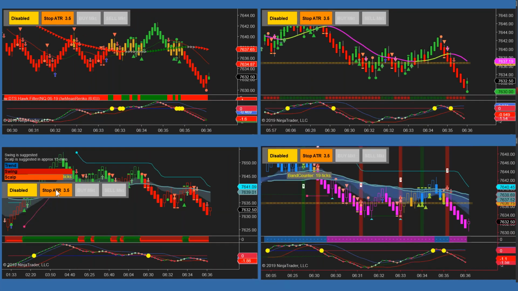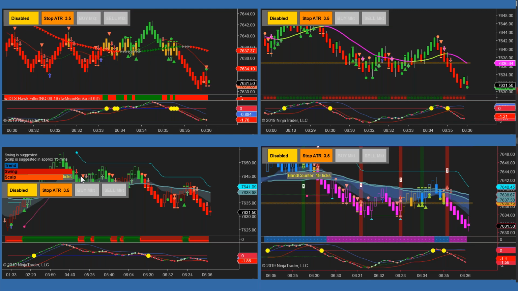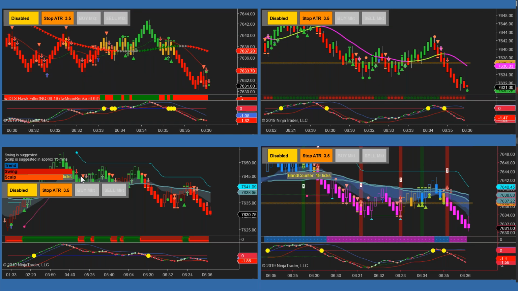Trade forecaster says we are in scalp mode for about another 13 minutes. After that, we're moving to swing mode. So what that suggests to me is that we've still got some volatility. We can still expect some bigger swings, but maybe things are going to settle down a little bit.